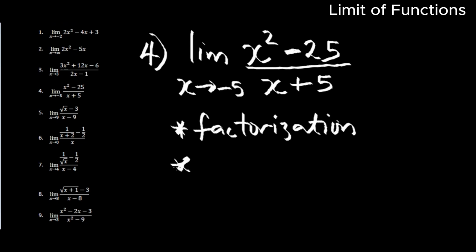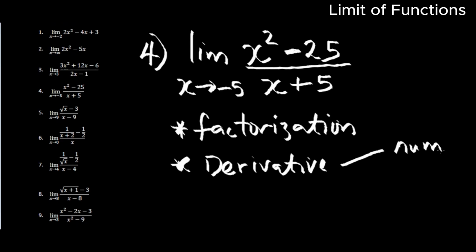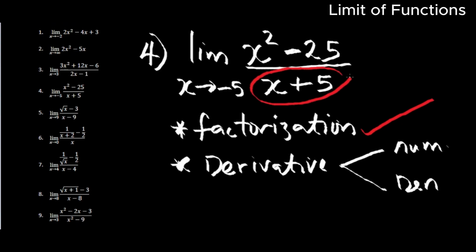Then the second thing you do, if not factorization, is to take the derivative of the numerator separately and the denominator separately. Now, over time, this method is deficient because not all expressions are factorizable, and in the event that they are factorizable, it's possible that you might not be able to cancel out this denominator.